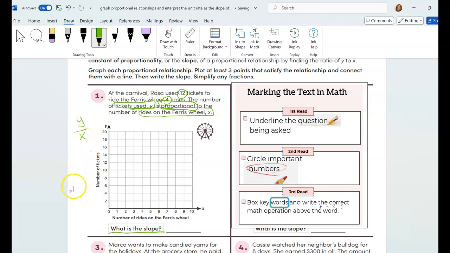Right? Or we're also remembering that Y divided, there's the divisor bar right there, Y divided by X. Okay, so our Y is the number of tickets, 12.